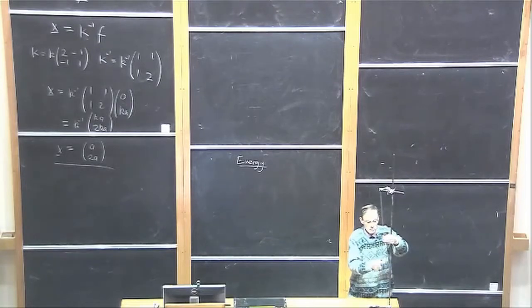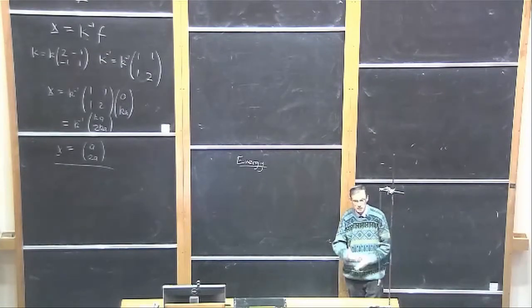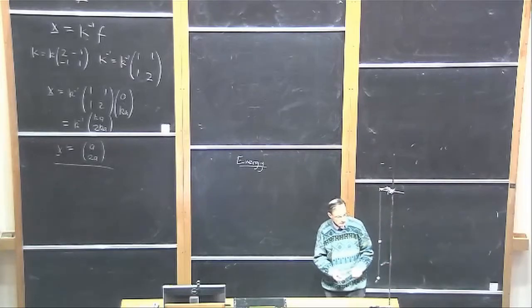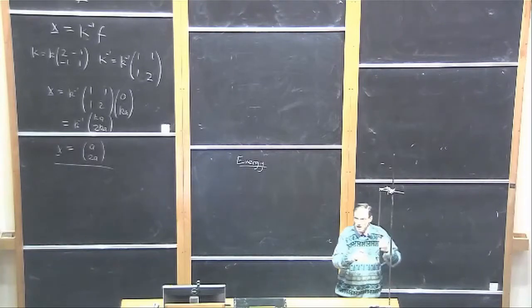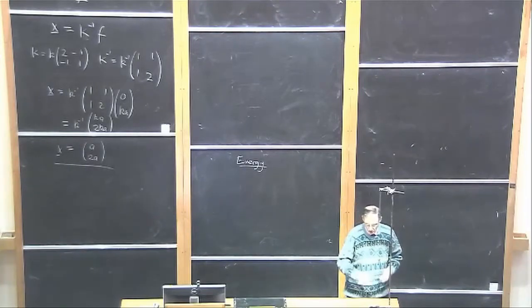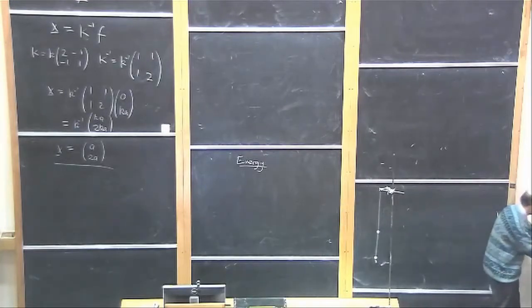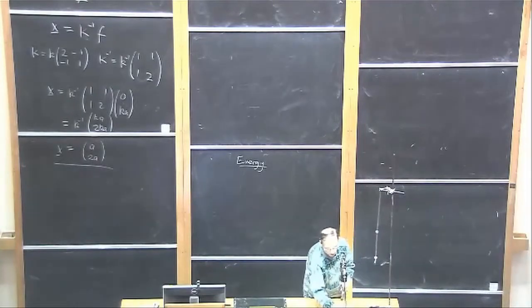Now, this more general system has the same types of energy available to it. It's got kinetic energy and potential energy, but it's not a simple exchange from one to the other, because what's also happening, as is evident in this example, is that energy is being transferred from one mass to another.